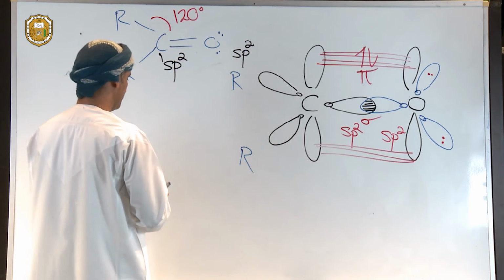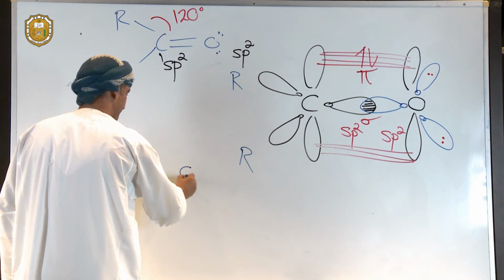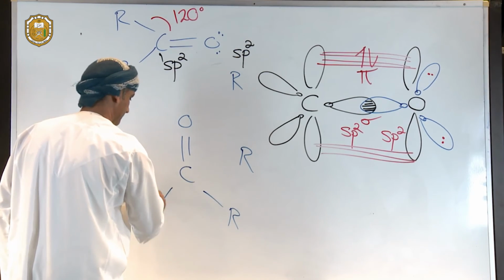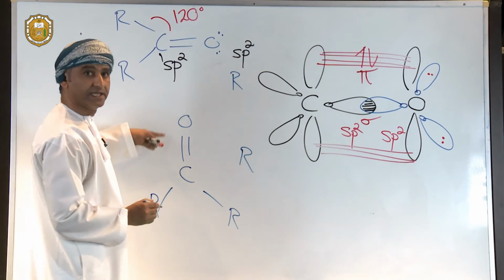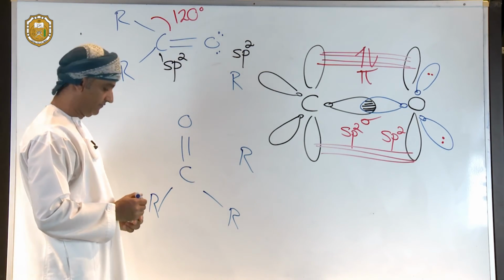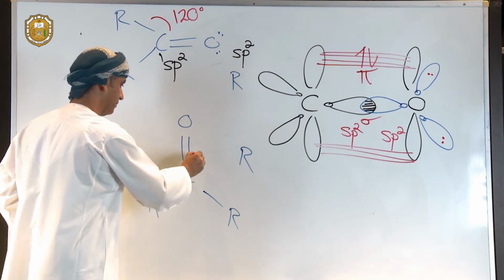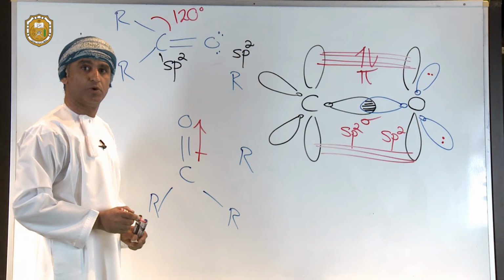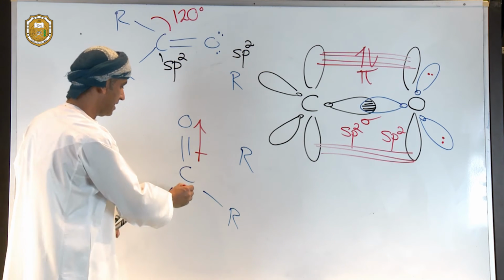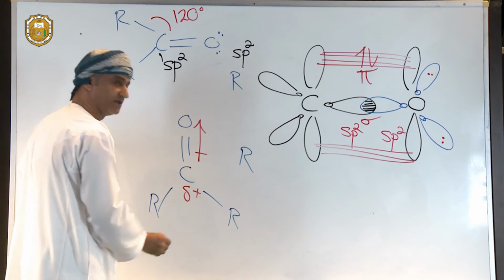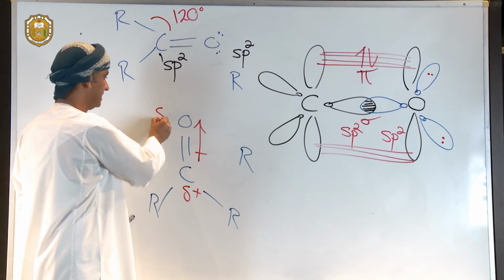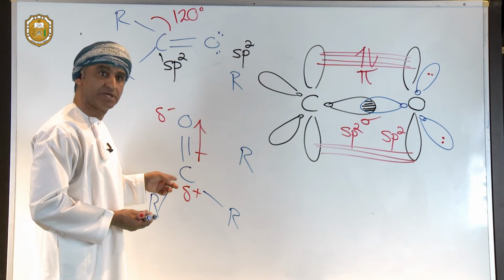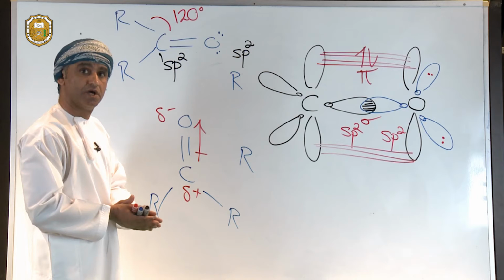We can draw the carbonyl group like that again. And oxygen is more electronegative than carbon. It pulls electrons toward itself in this C=O double bond, leaving carbon with a delta positive and oxygen with a delta negative, a positive partial charge on carbon, a negative partial charge on oxygen.